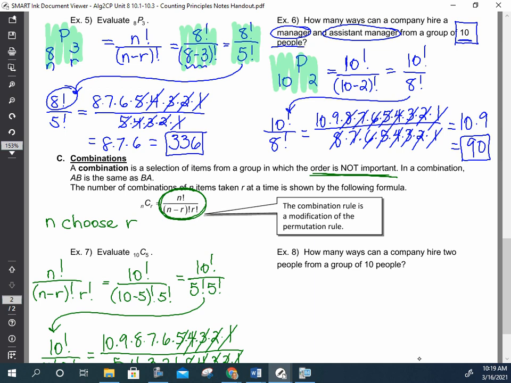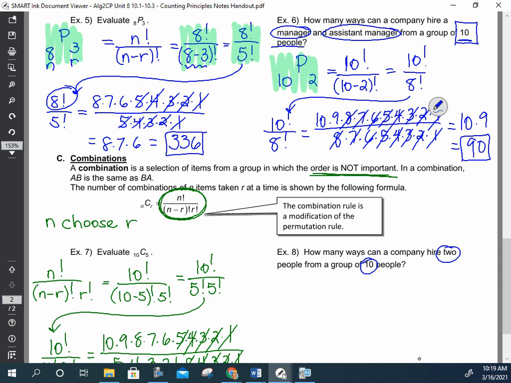What's the difference between the 2 problems? Well, the second problem gives you 2 numbers, a 10 and a 2. But are they telling you what you're going to be doing? Problem 6 is. So the more specific it is, that means it's important how you pick it.